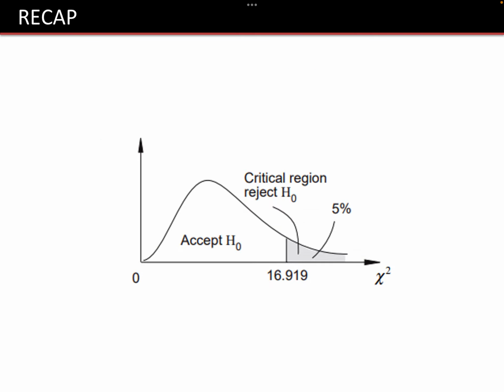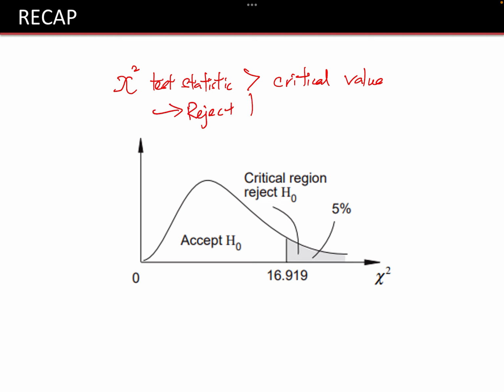So a quick recap again. We don't necessarily have to look at the p-value and the significance level. We know that from a chi-square test of independence, if the chi-square test statistic is bigger than the critical value, because the critical value basically is the threshold for rejecting the null hypothesis, then you will reject the null hypothesis, which is basically this little portion here.